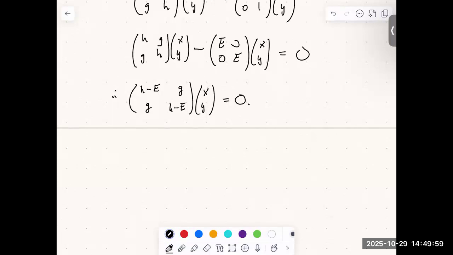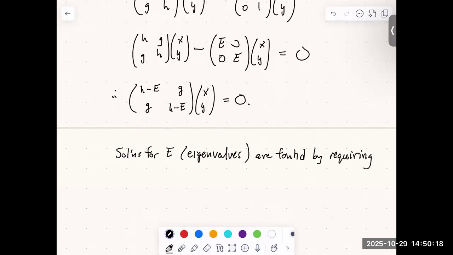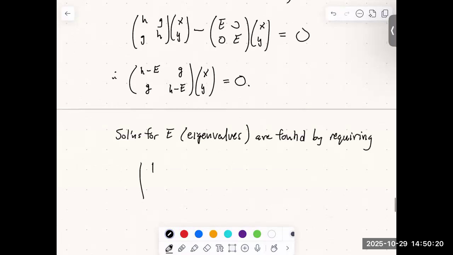Okay, so the solutions for E, which are our eigenvalues, are found by requiring that this determinant, H minus E, G, G, H minus E, has to be equal to 0. We have a 2 by 2 matrix.